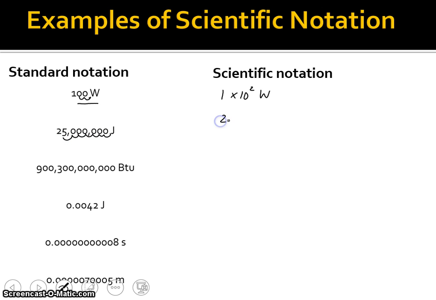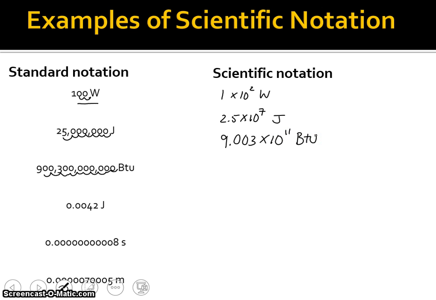So it's going to be 2.5 times 10 to the 7th joules. Very straightforward. Decimal is here, 1, 2, 3, 4, 5, 6, 7, 8, 9, 10, 11. Okay, so it's 9, and now you keep any non-zero number here, so it's going to be 9.003 times 10 to the 11th BTU.